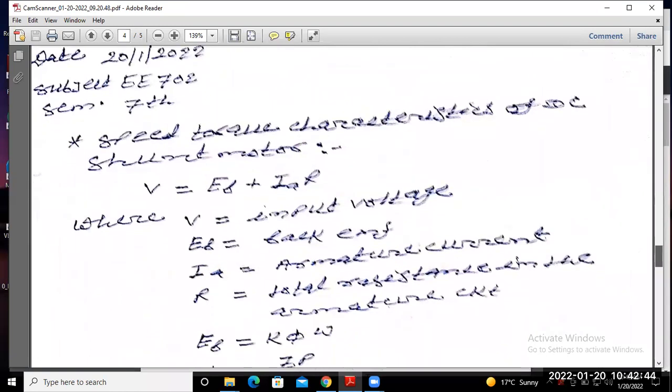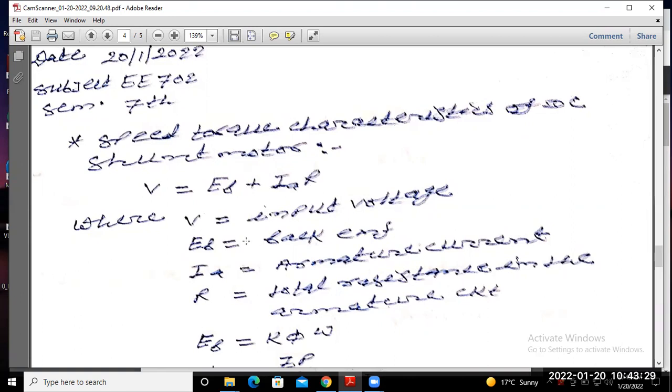So now we apply the KVL equation in the DC shunt motor and try to find out its speed torque characteristic. If we apply the KVL equation, we can write V equal to Eb plus IaRa, where V is your input voltage, Eb is your back EMF induced in the motor, Ia is your armature current of the motor, and R is your total resistance of the armature circuit, that is rheostat plus armature resistance Ra.